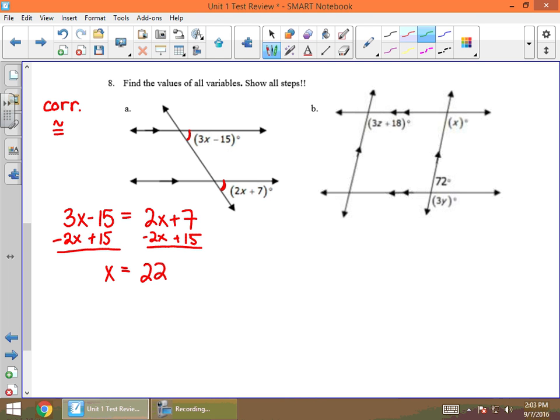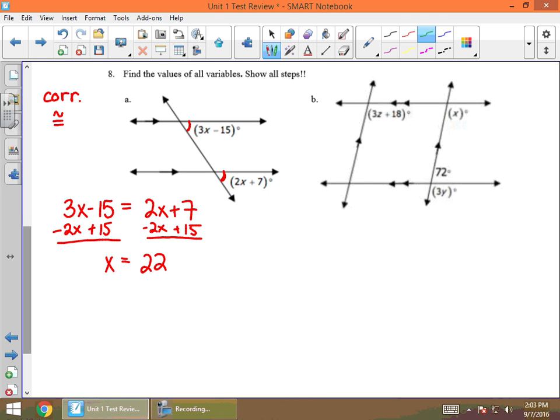So I told you, if you have multiple variables, look for the one that shows up the most. But you'll notice x, y, and z all show up just one time. I'm going to just find them alphabetically. I'm going to try to find x first. So I know something about this angle. It's 72 degrees. And this angle here is its same side interior. So I have my same side interior angles.